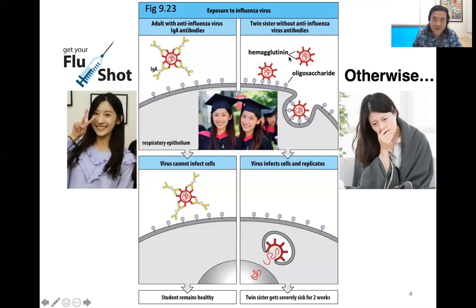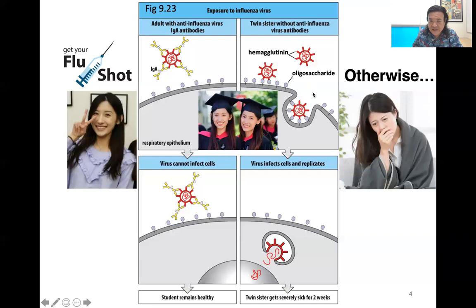Hemagglutinin is kind of a generic label for any type of antigen that can be used diagnostically to cause things like cells to coagulate, or agglutinate. But anyhow, it turns out that these spikes are what the virus uses to bind to certain surface features of our body cells, like these little sugars, these oligosaccharides that are on the surface of the respiratory cells.